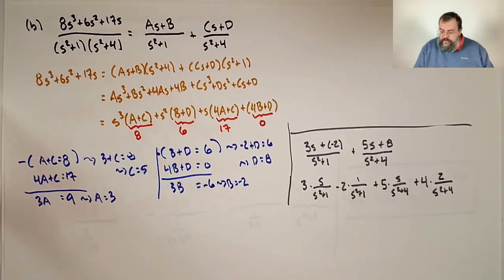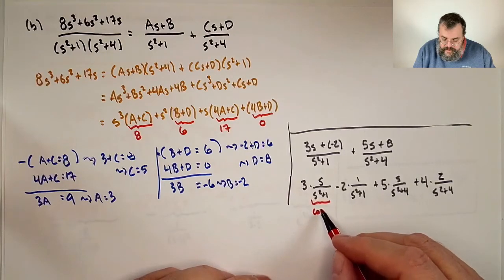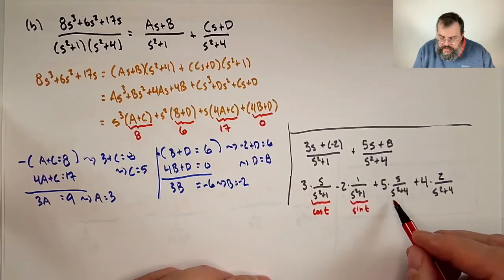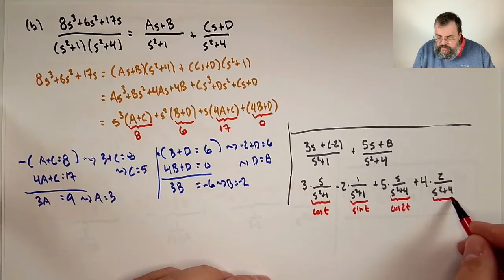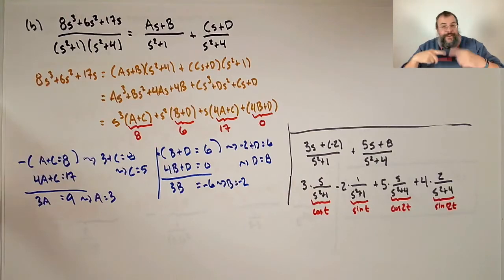And, of course, each one of these pieces fits our table. S over s squared plus 1 is cosine. 1 over s squared plus 1 is sine. S over s squared plus 4, cosine 2t. 2 over s squared plus 4, sine of 2t. All right, good. I'm just looking at my table to make sure, because it's easy to confuse sine and cosine. They're so close to each other that sometimes, without meaning to, you swap the rules.